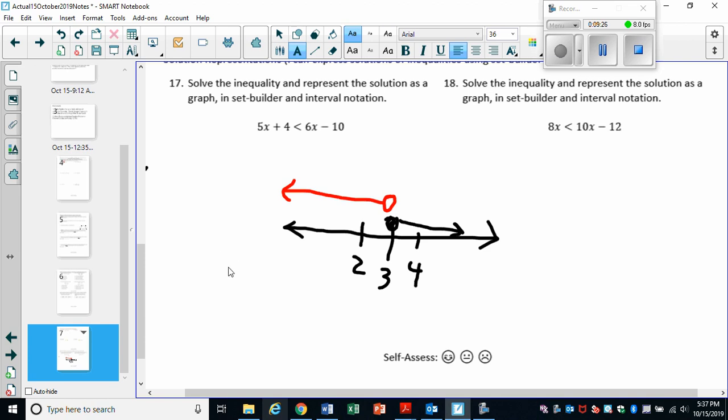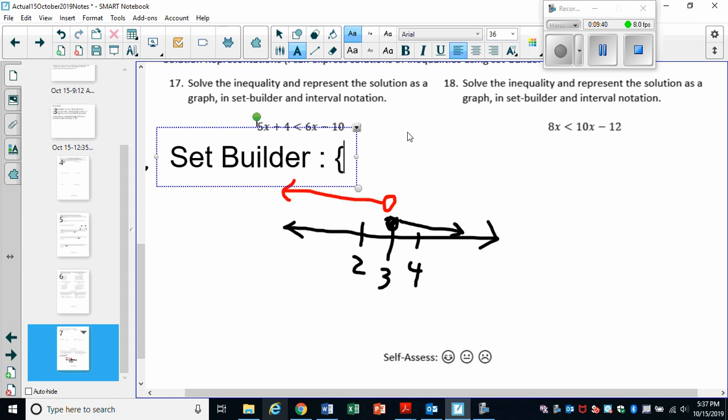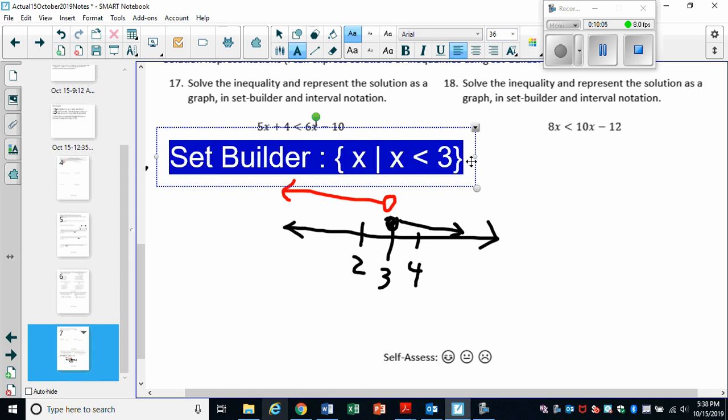Regarding set builder, it's similar to your algebraic, because once you have the algebraic result, the set builder will be in the form of x, vertical bar for up and down, and then whatever your graph or your algebraic result describes. So for the red arrow, we'll say x is less than 3, and I will denote this in red.